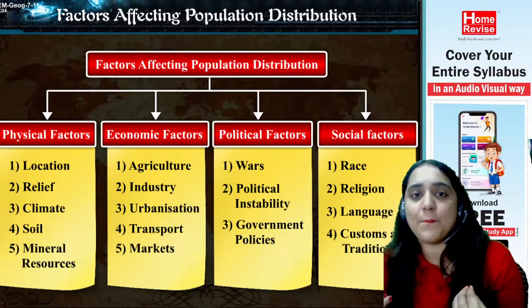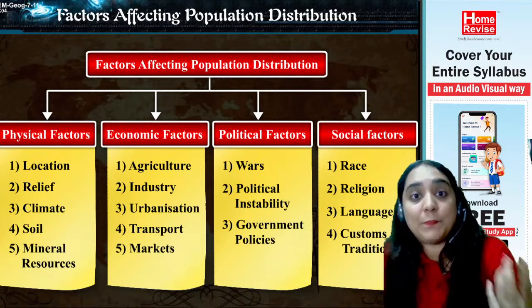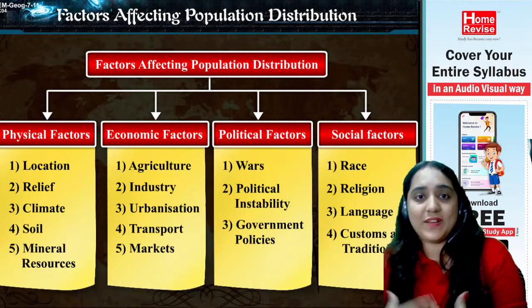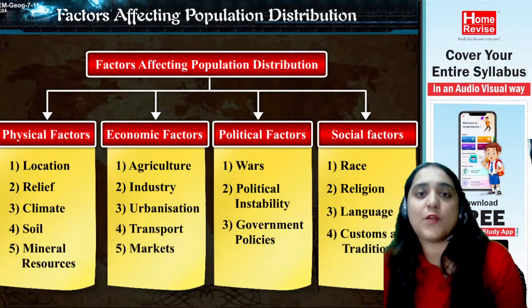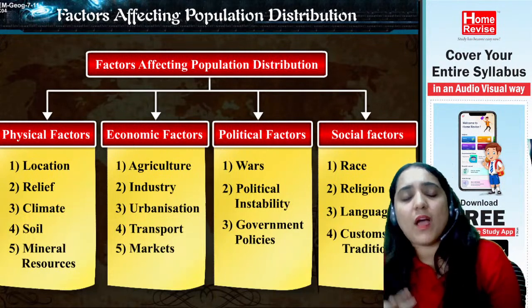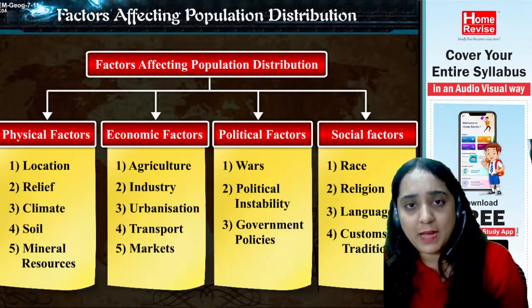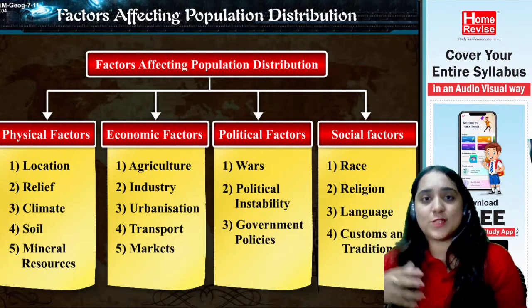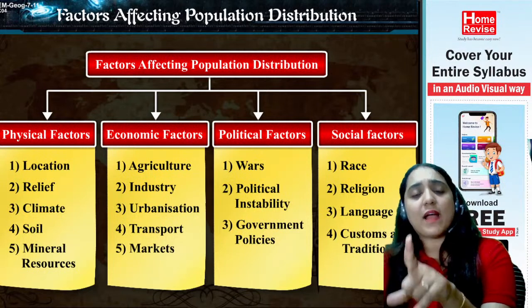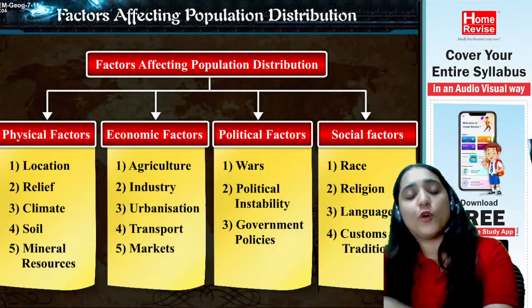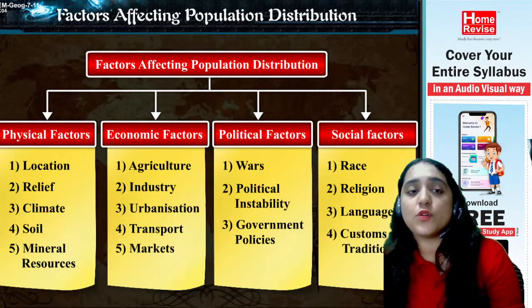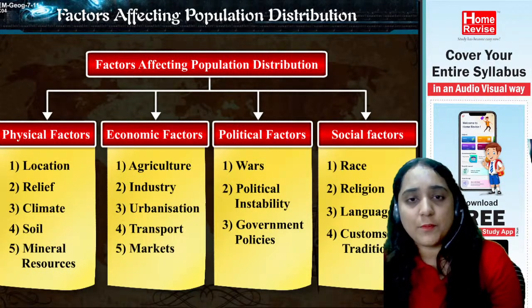If we move to some places, we find it more comfortable with people of our same religion, language, customs and tradition. So when we are trying to migrate, and when we look at the distribution of population, these social factors also matter.